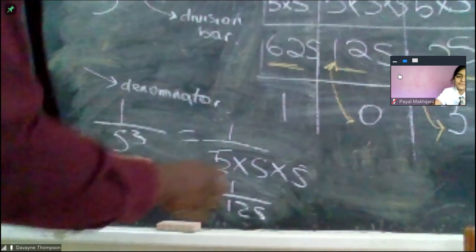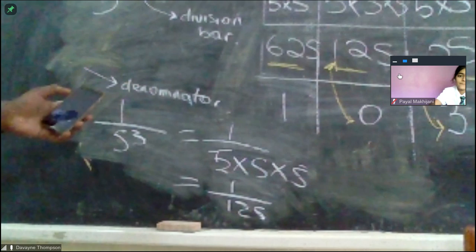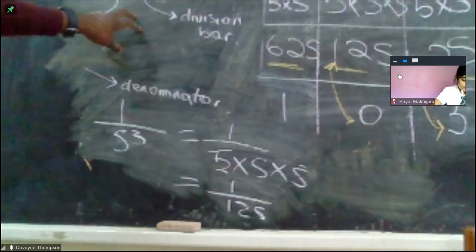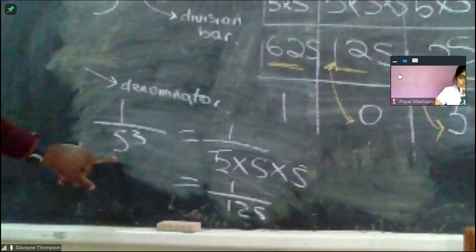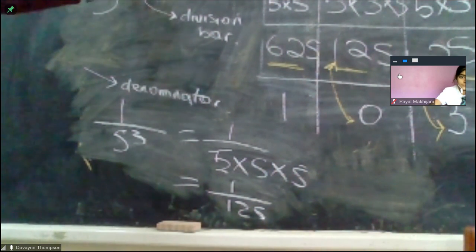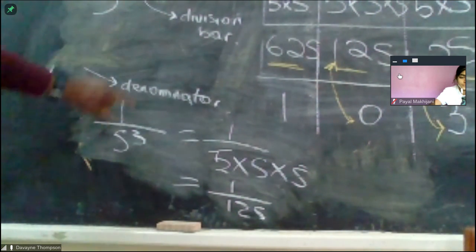Now with this question, do you understand what I was saying? If we have 5 to the negative 3, that really means we have 5 to the 3 as a denominator, and the negative is really a division bar, and then 1, which is really there, is going to be above it.